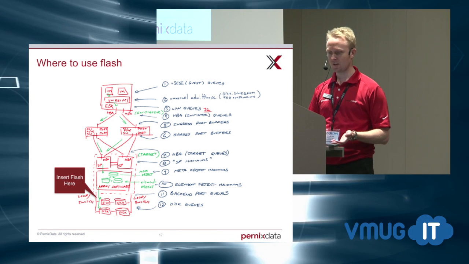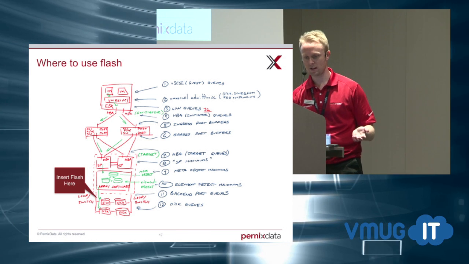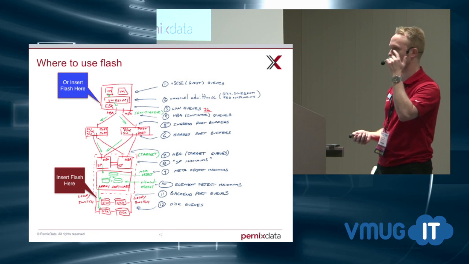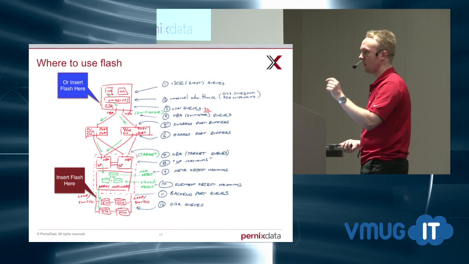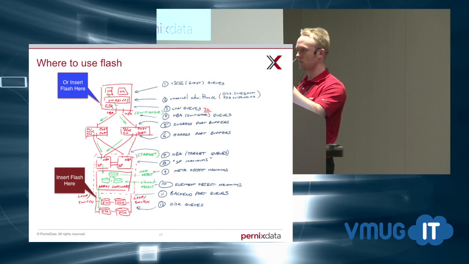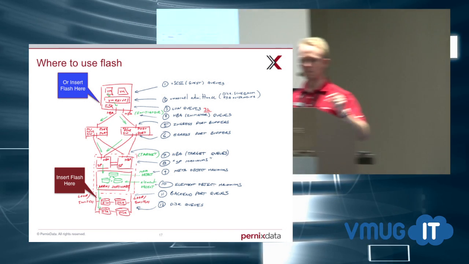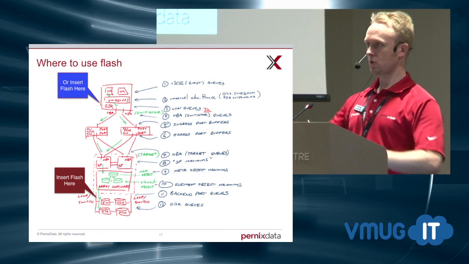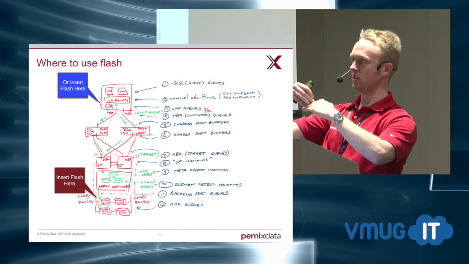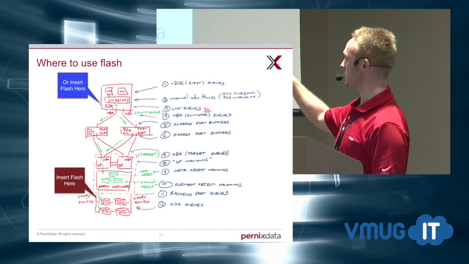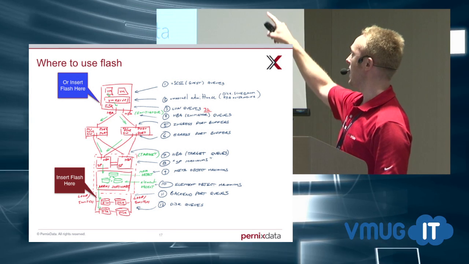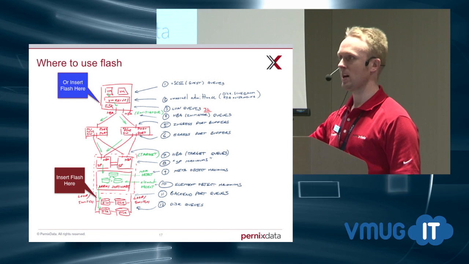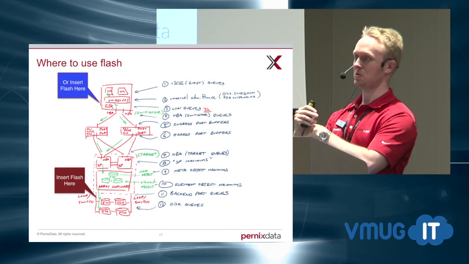But with PernixData software, this is what we want to try to do with you guys: let's think about this. If we have some very clever software inside the kernel that will transparently let us use flash without removing the array, that basically means we can put the flash all the way up into the host to get lower latency. You could put the same flash device in the storage array as you put in the host, and the same flash device will now perform better because it's closer.